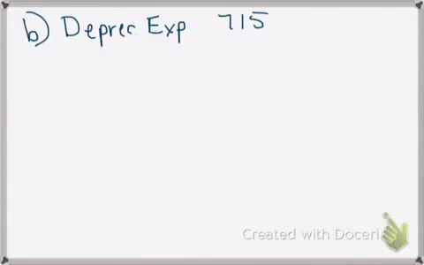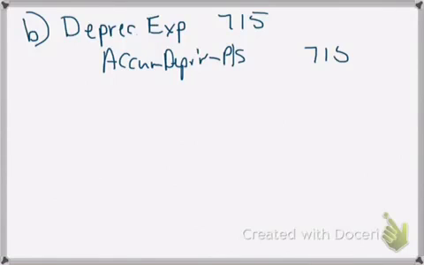And then you're going to have the accumulated depreciation. In this case, it is accumulated depreciation, and this is for the pool structure. And so that is going to be our credit account for 7/15.